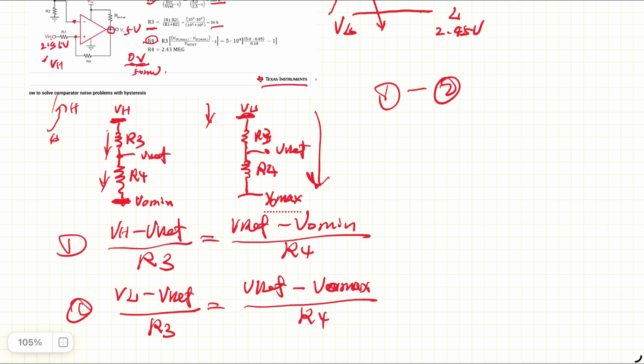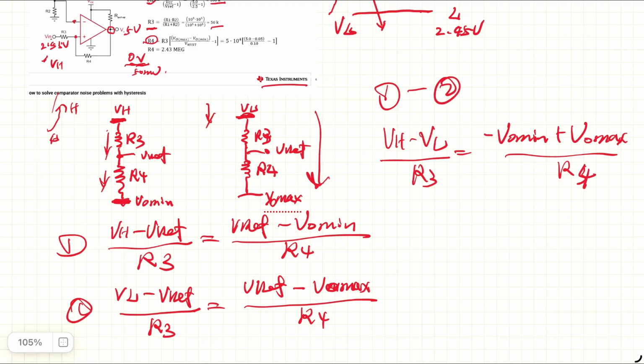What's left over is VH minus VL divided by R3, and on the other side, VREF is cancelled, and we have minus V out min plus V out max, divided by R4. So we can rearrange this equation to make R4 equal V out max minus V out min, divided by V high minus V low.